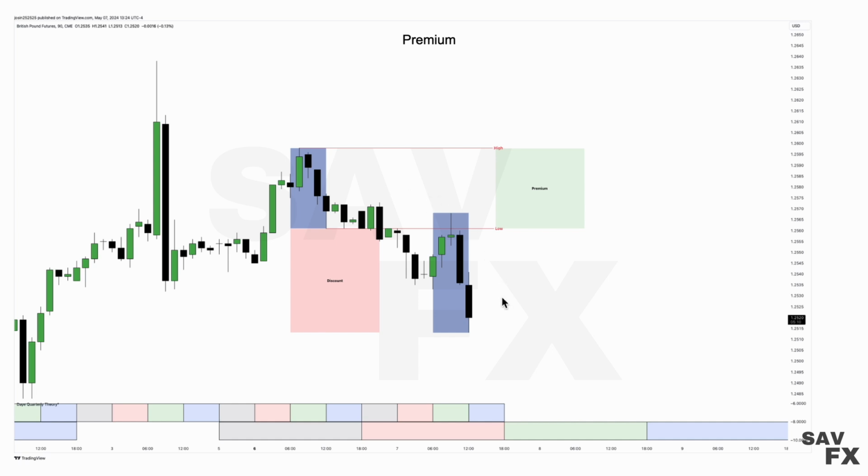But price does not need to be reacting off these PD arrays. Hence, I'm saying this dealing range on its own is treated like a PD array. Basically, I would see this the same way I see order blocks. This is like my little dynamic order block, or my time-ranged order block.